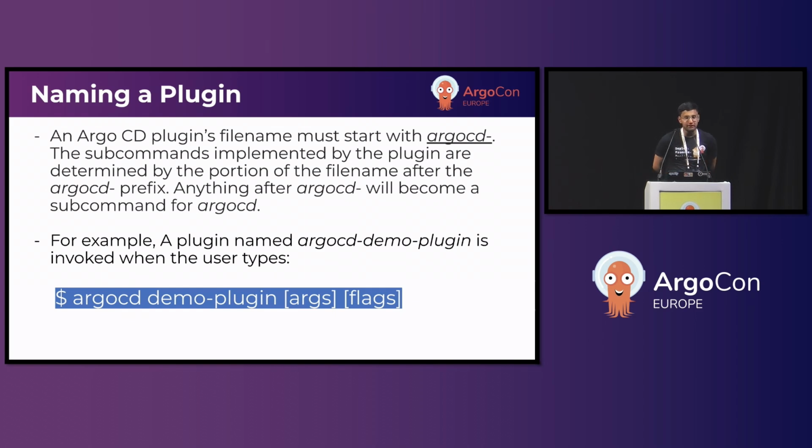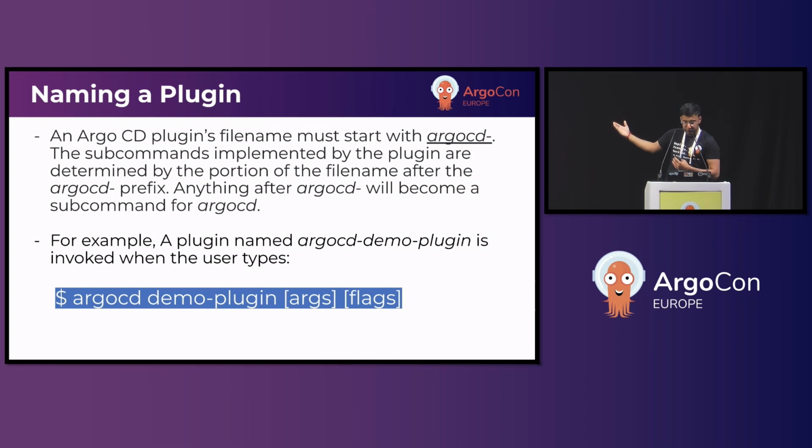As I mentioned earlier, the naming convention is simple. All you need to do is build a binary that starts with the argocd- prefix and put that in your system's path, for example /usr/local/bin. If it doesn't make sense right now, we're going to have a demo real quick, so that will make things more clear.